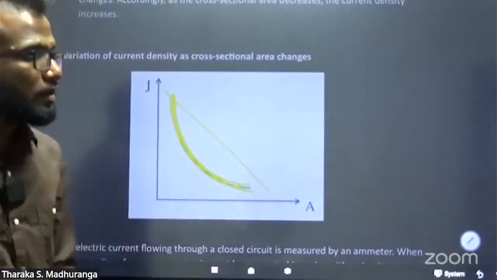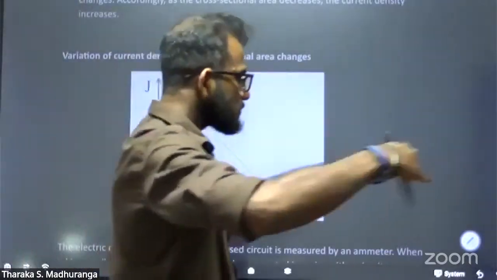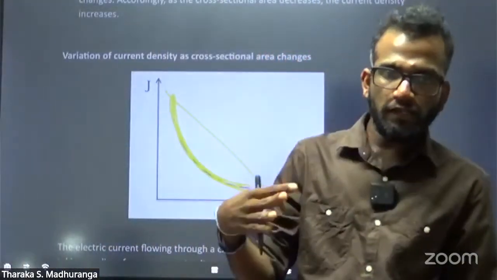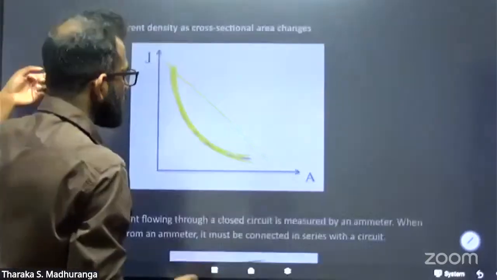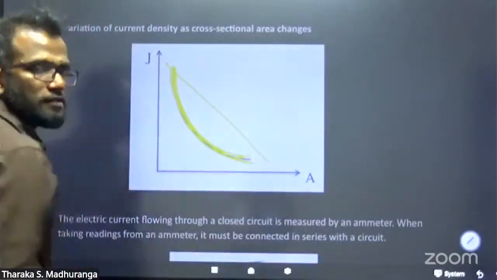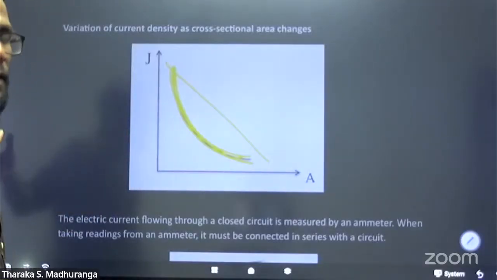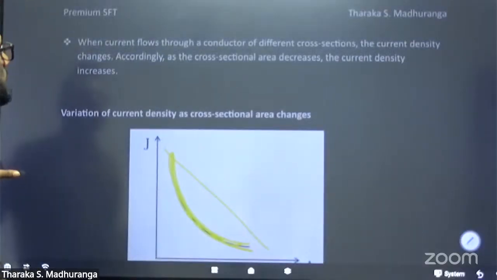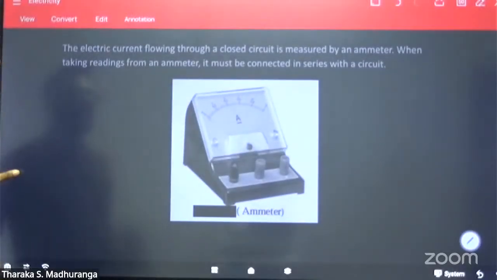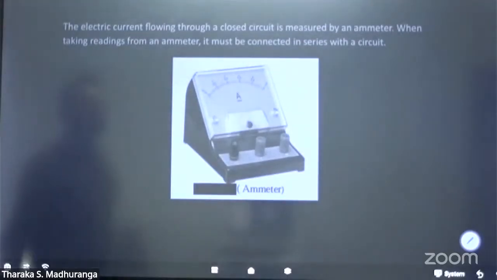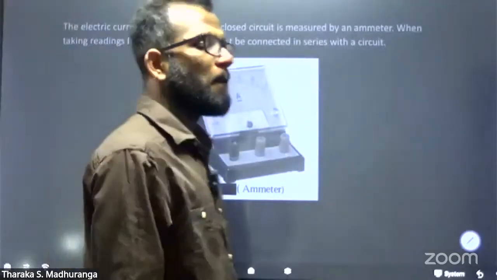Therefore, when we increase the cross section area, the current density decreases, not in a linear way, but as a curve. Remember, as a curve.